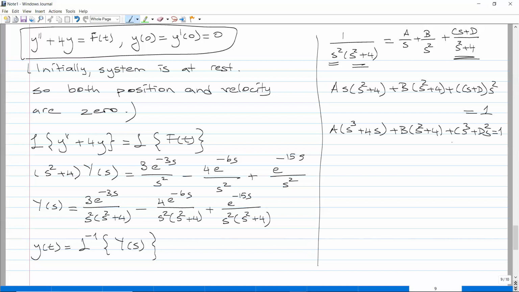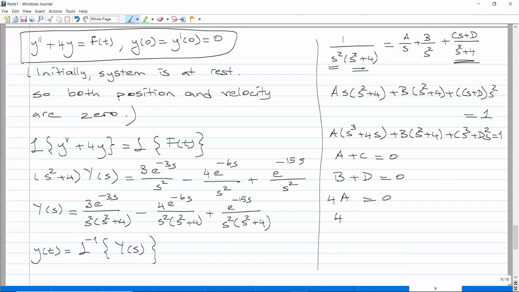So the coefficient of s cubed, A plus C should be 0. Coefficient of s squared, B plus D should be 0. Coefficient of s, 4A should be 0. Constant coefficient, 4B should be 1. So from the last two, we immediately get A equals 0 and B equals 1 over 4.